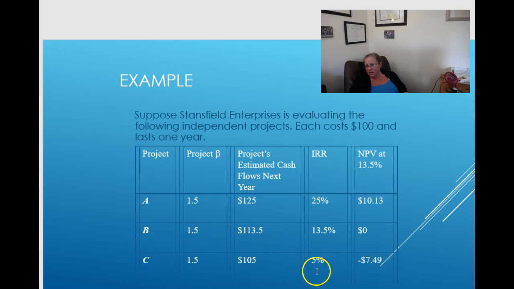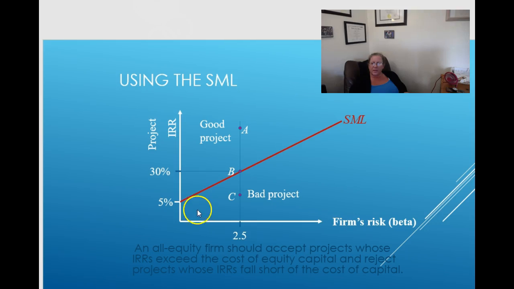So right off the bat, I know that I'm probably going to reject this one because it has a negative NPV. Looking at the SML graph just confirms that I would reject C.